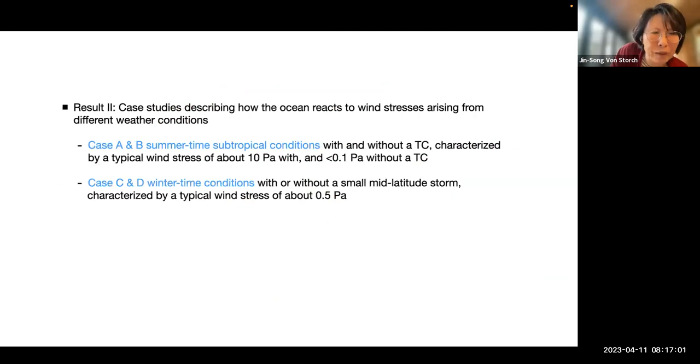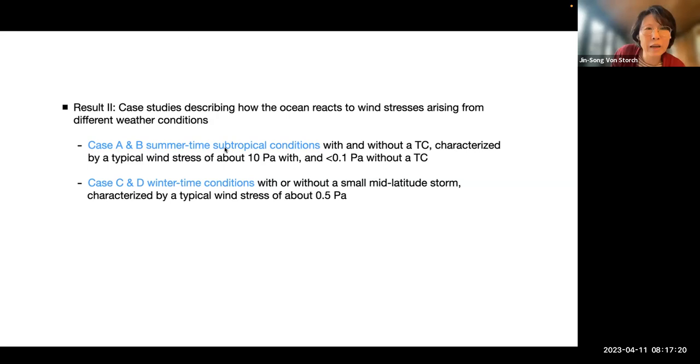In the second part of the results, I would like to show some case studies. The idea here is to show you how the 5-kilometer ocean reacts to the 5-kilometer atmosphere. And the reaction is quite different depending on how strong the wind forcing is.